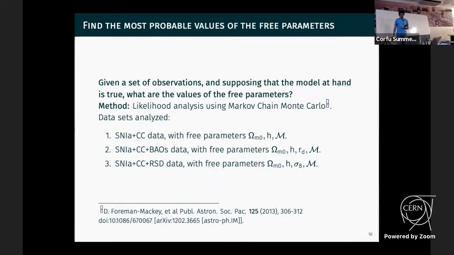Given a set of observations, and supposing that the model at hand is the correct model, we need to find the free parameters of a particular model. The method is likelihood analysis using Markov-Chain Monte Carlo.